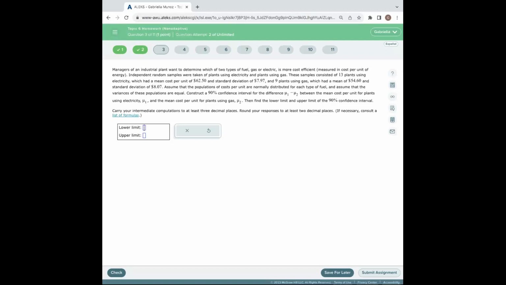8.07. All right. That number seems really small. Squared plus that number times that number squared. All right. So then we have 62.5 minus 54.6.